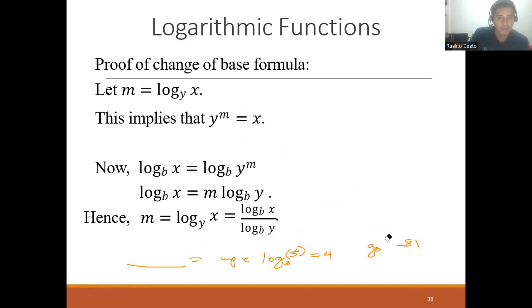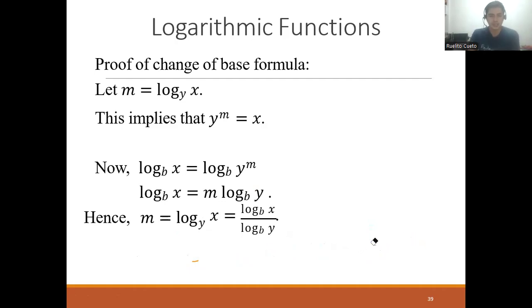Now, if you have log of x to the base b, that is equal to log of y raised to m to the base b, which equals m times log of y to the base b. Therefore, m equals log of x to the base y, that is equal to log of x to the base b over log of y to the base b.